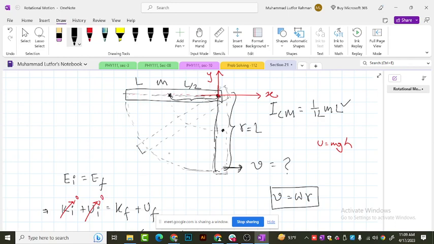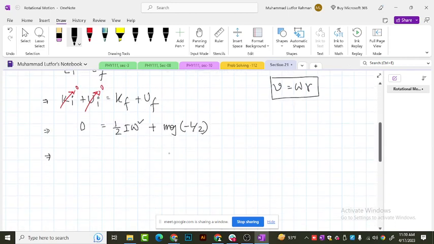When it strikes the wall, the position of the center of mass would be over here, and that distance is again L by 2. Right now it should be minus L by 2 because I choose this as my origin, right? So that's why I'm saying that this height is going to be minus L by 2. Do you understand?